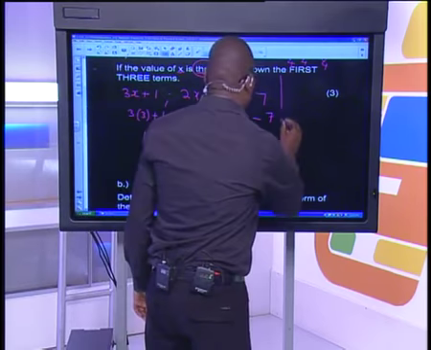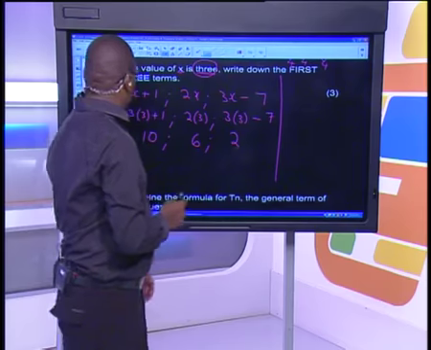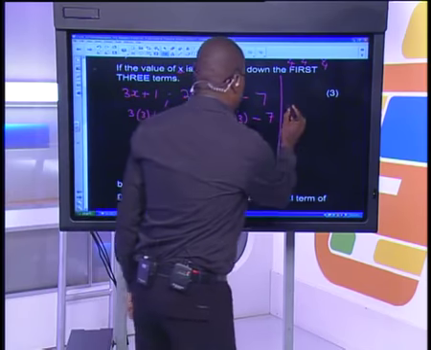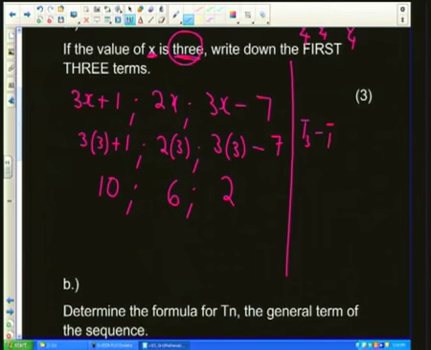Let's say they did not give us the value of x. So term 3 minus term 2 will be the same as term 2 minus term 1. Term 3 is 3x minus 7, minus term 2 which is 2x, equals term 2 which is 2x, minus term 1. Don't forget to put a bracket, it is 3x plus 1.